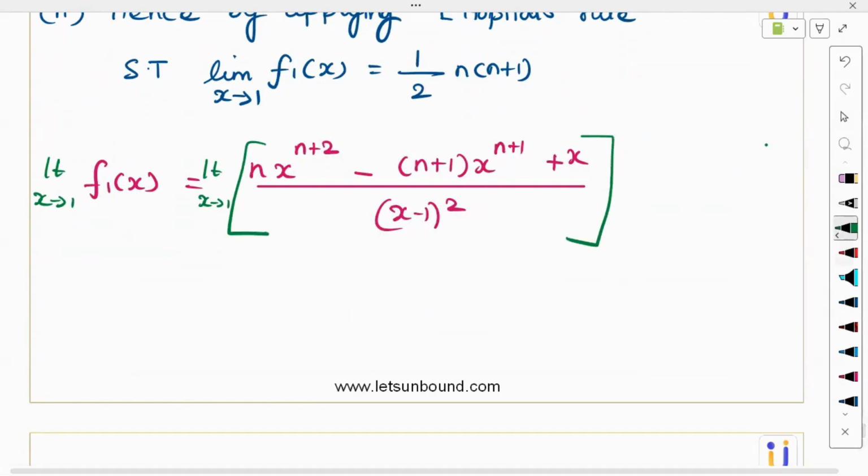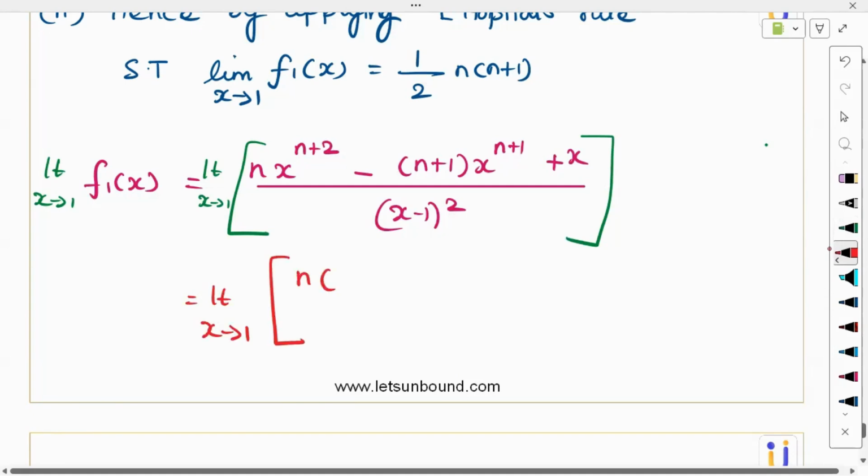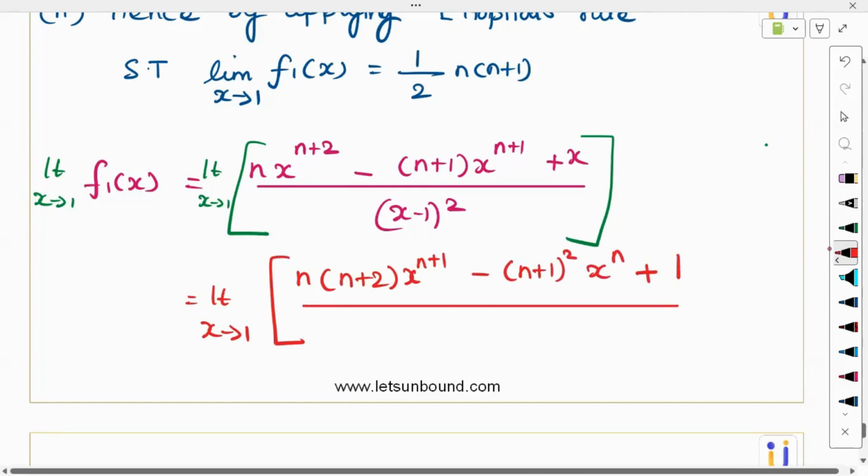First, let me differentiate numerator and denominator. N is there, and x^(n+2), when you differentiate, gives (n+2) x^(n+1). Then minus (n+1) is already there, and we bring down the power while differentiating x^(n+1), divided by the denominator, which we should also differentiate, 2 into (x − 1).